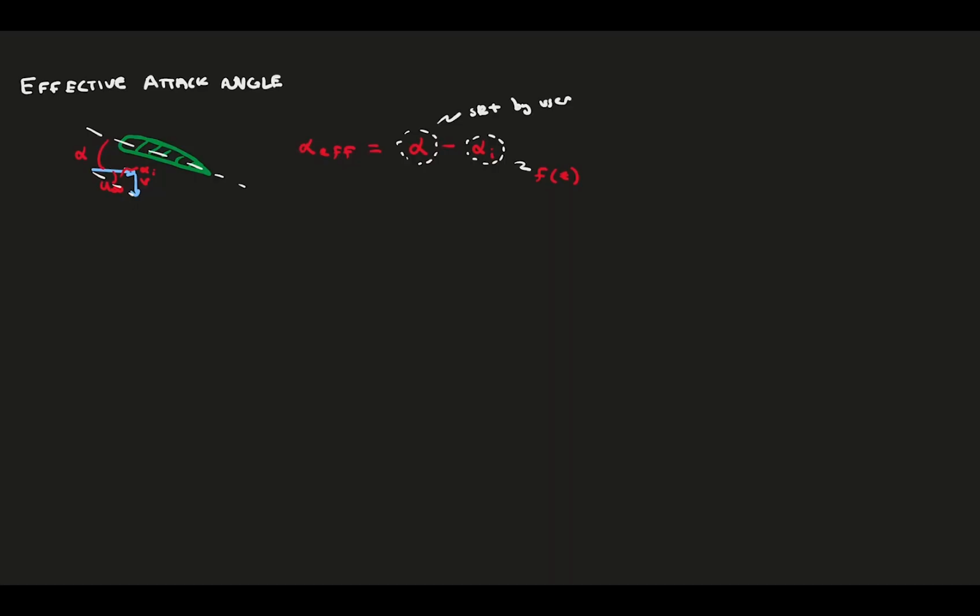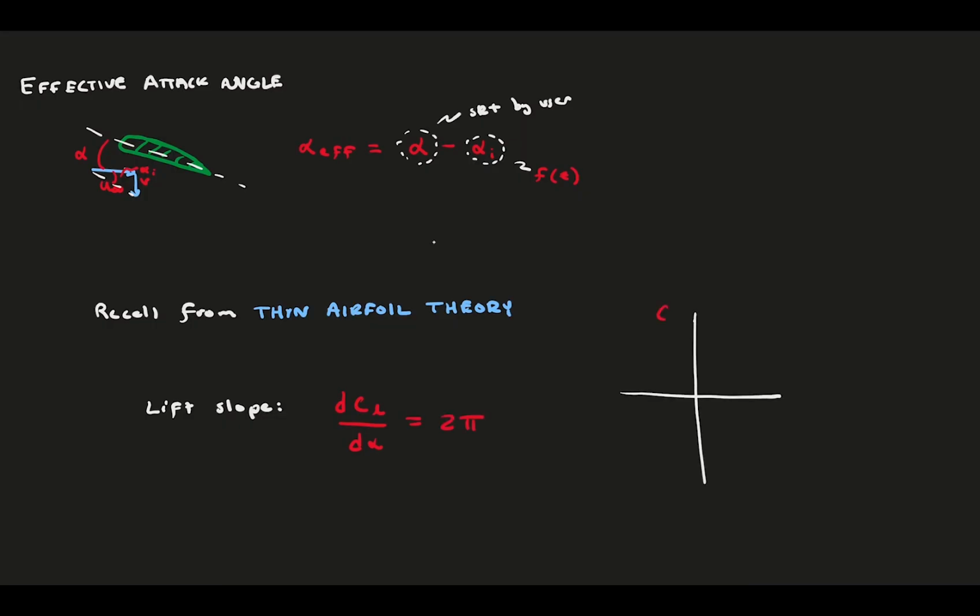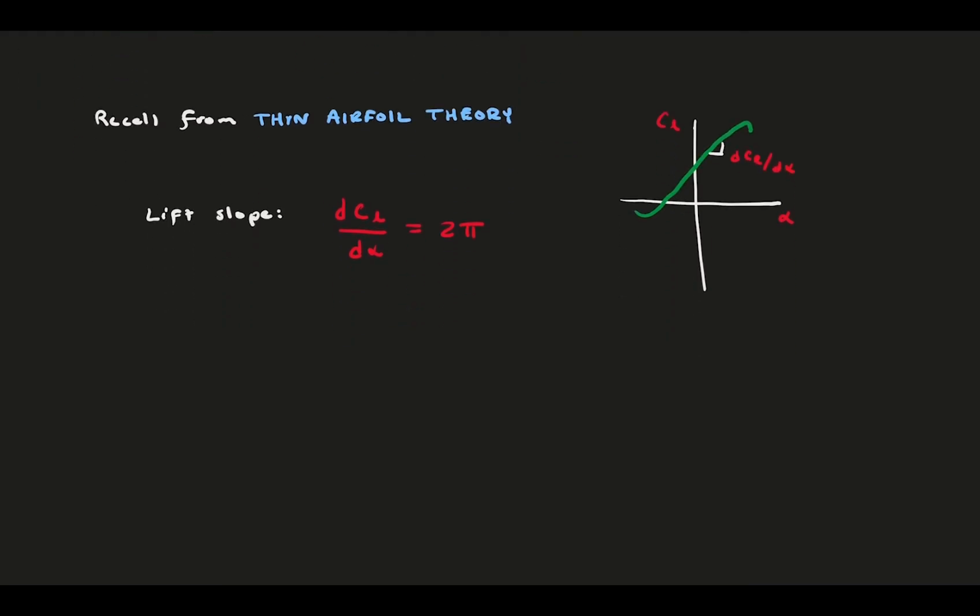We can take this analysis a few steps further by considering some of the things we've learned in the past. In thin airfoil theory, we found that most relatively thin foils had a lift slope of dCl d alpha equaling 2 pi, regardless of the camber. Plotting it, you would see something like this. The slope, before separation occurs, is at or near 2 pi in a perfect world.